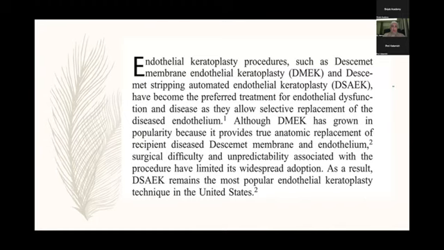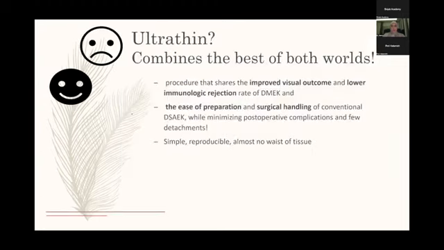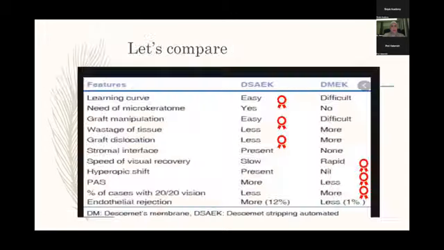Cornea transplant is all about selective replacement, whether it's the anterior lamellar surgery, the DALK, or the posterior lamellar, in its subtypes: the DSAEK, the ultra-thin DSAEK, the nano-thin DSAEK, and the DMEK. Despite all, I would like to say that DSAEK is still the procedure of choice for all types of corneal transplants because it has a wide spread, and the learning curve is shorter than the DMEK.